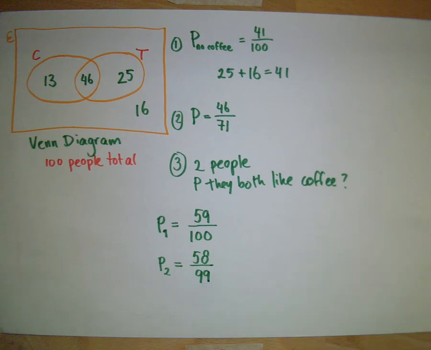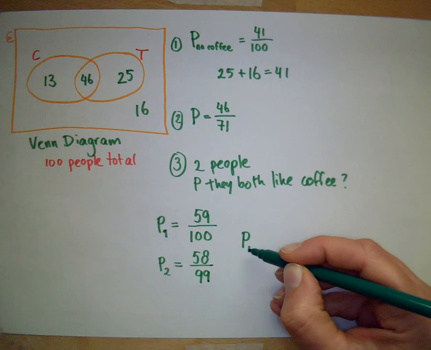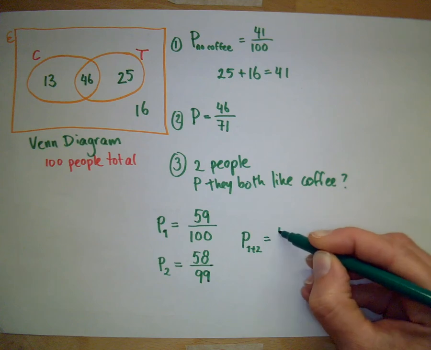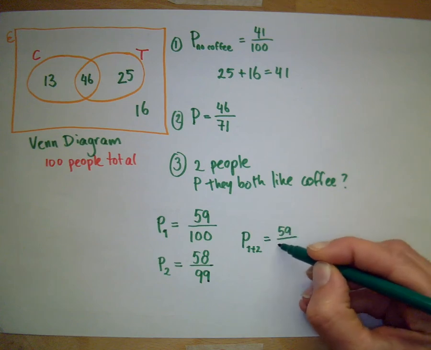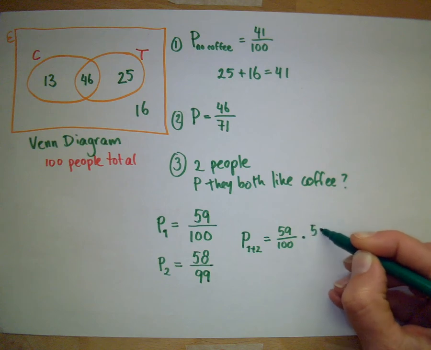Now, what is the probability that both 1 and 2 happen? So let's say this, 1 and 2 are both coffee drinkers. It is the first probability multiplied by the second probability.